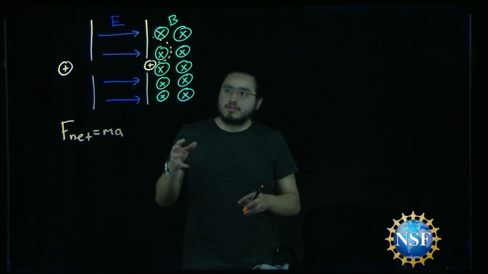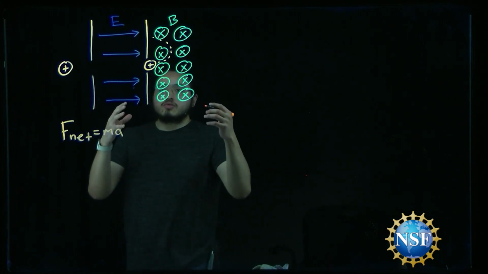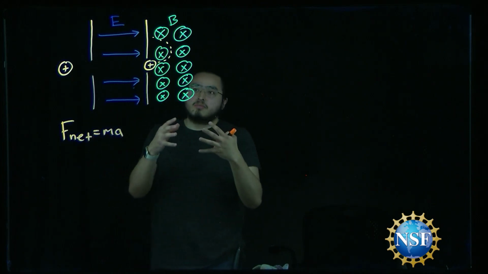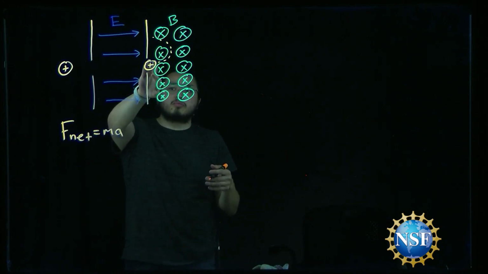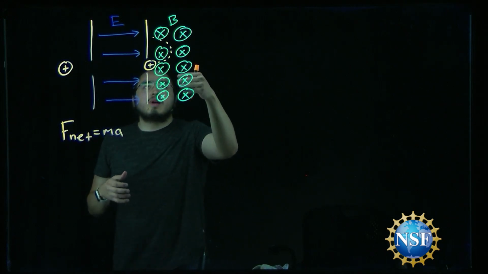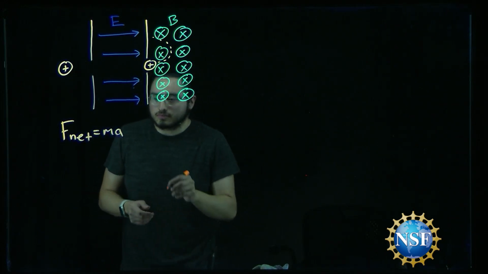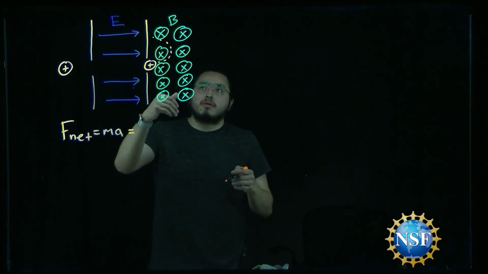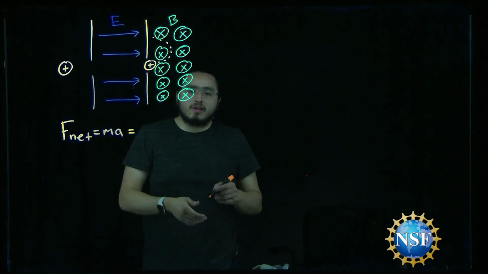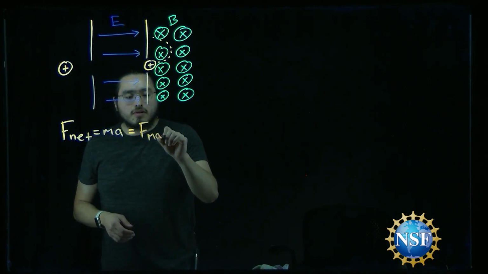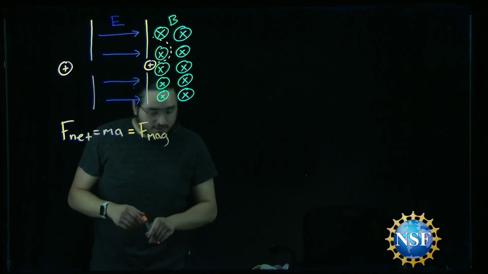As I was stating earlier, when you think of net force, that means adding up all the forces acting, in our problem, on this particle. And in this case, we only have the magnetic field acting on it. So we only need the magnitude of the force caused by that magnetic field, and I'll write it as F mag.